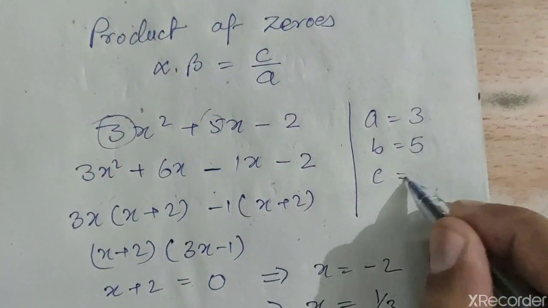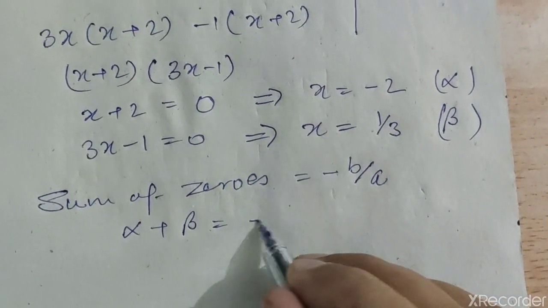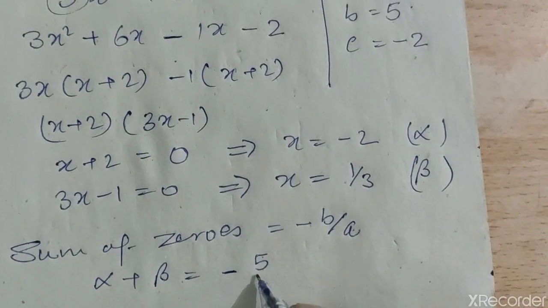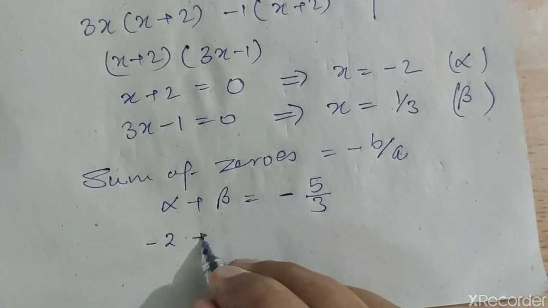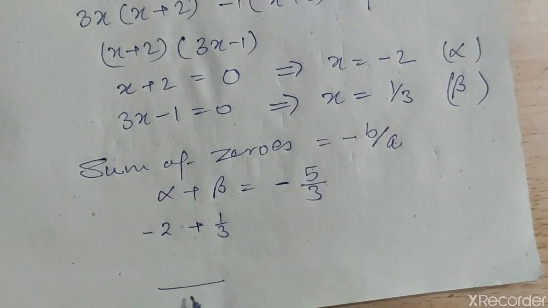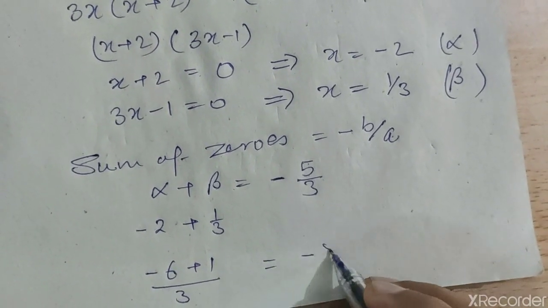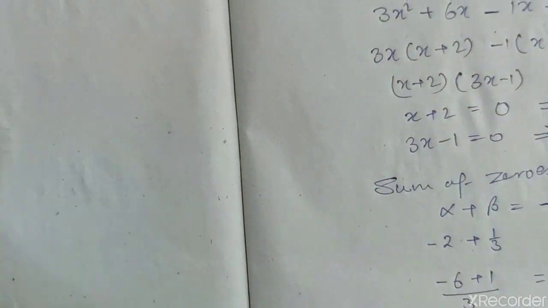And c is the constant term, that is minus 2. So minus b upon a equals minus 5 upon 3. Alpha is minus 2, beta is 1 by 3. So LCM is 3: minus 6 plus 1, minus 5 by 3. Verified.